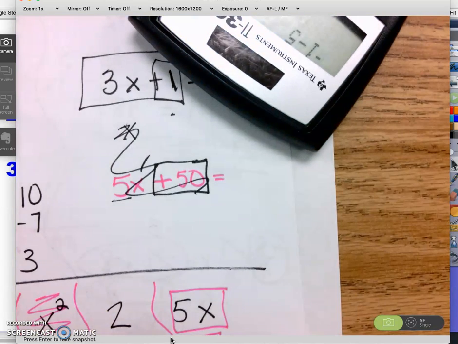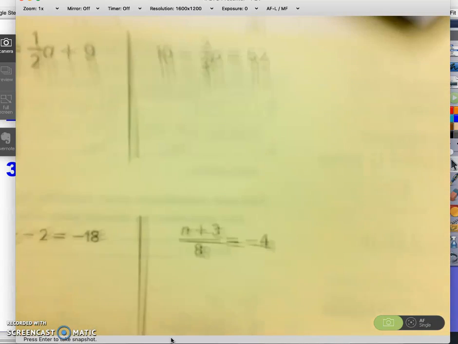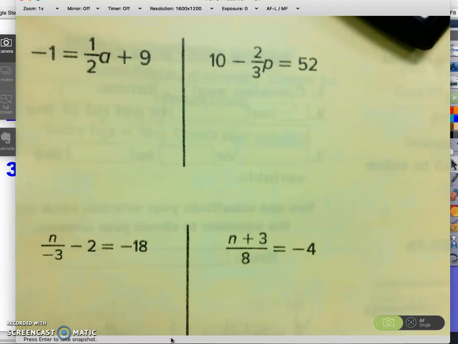I am going to continue right on. If you guys have questions, we will go through them in a second. All right, these two now we have fractions again. So this is where we're going to combine what we did yesterday, but we have two steps. So again, we have to see which one is our constant.